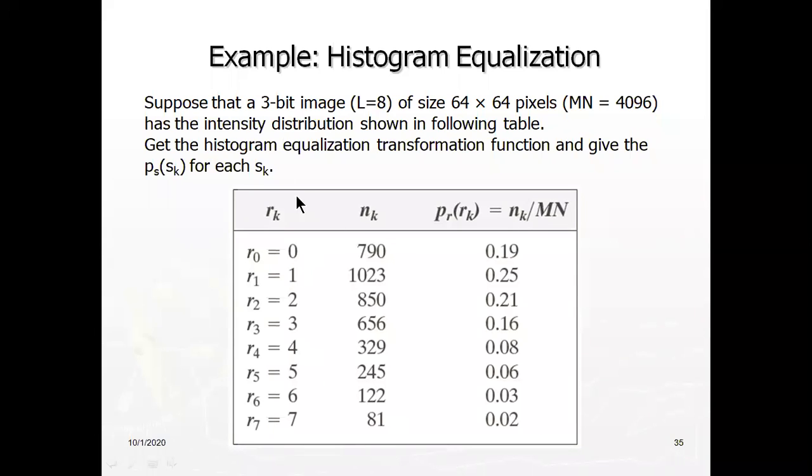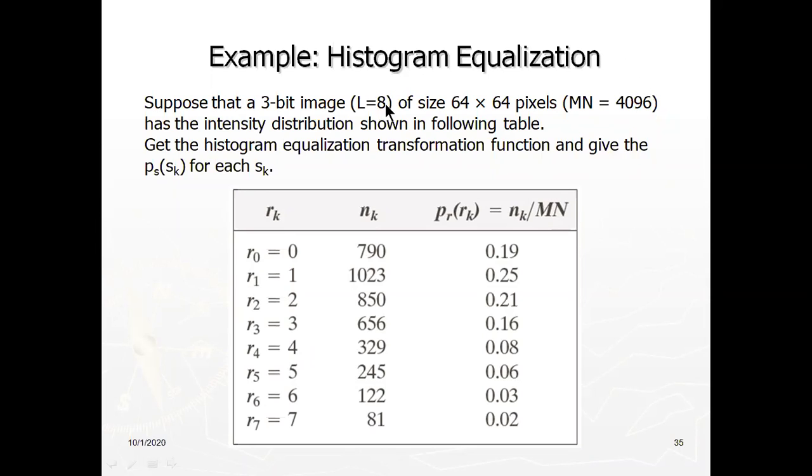So we have here r_0 equal to 0, that is k equal to 0, the value of n_0 is 790. For k equal to 1, the value of n_1 is 1023 and so on. So we can get from this p_r(r_k) as n_k divided by MN, and MN here is 4096.